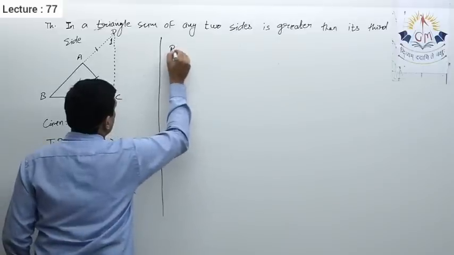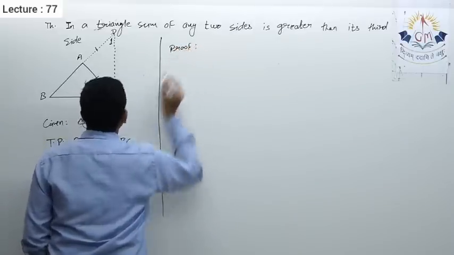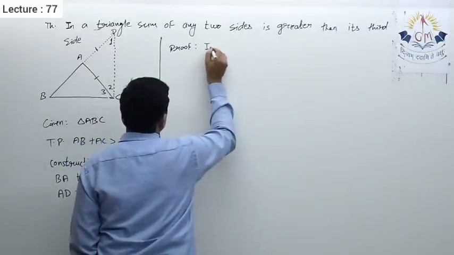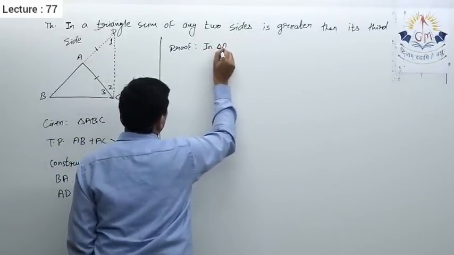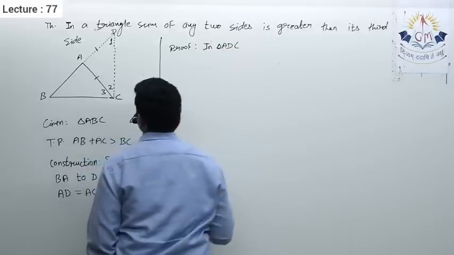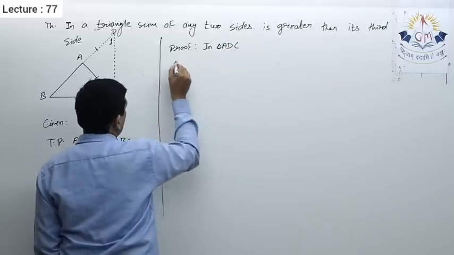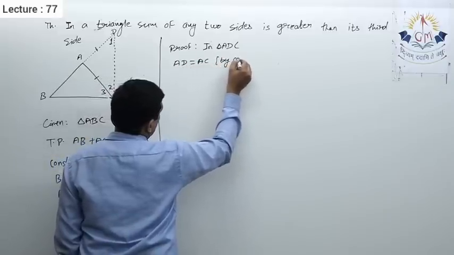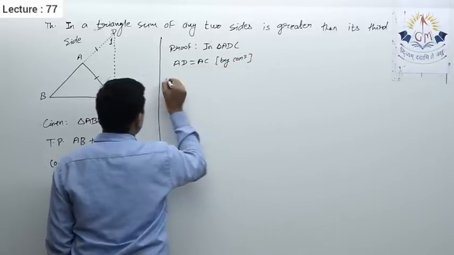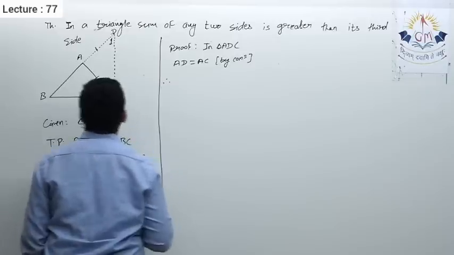So in triangle ADC, AD is equal to AC. Why AD equal to AC? By construction.